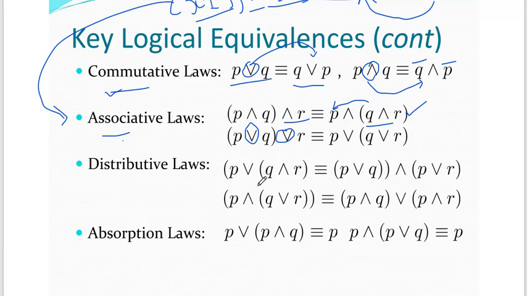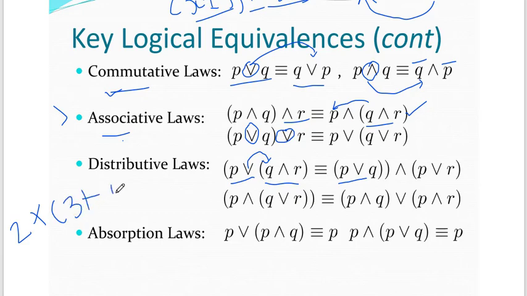Distributive law, okay. What is distributive? Here p or bracket q and r, if or will enter in the bracket, then you can compare this with 2 multiplication with 3 plus 4.